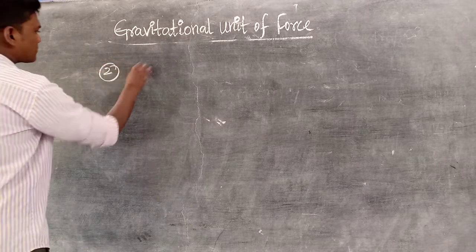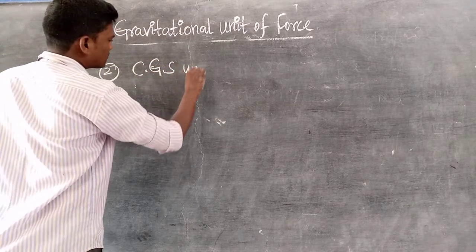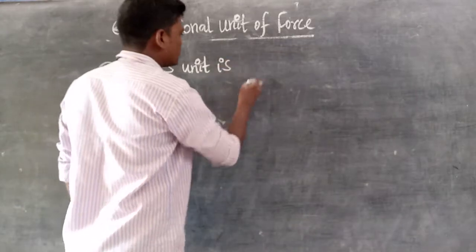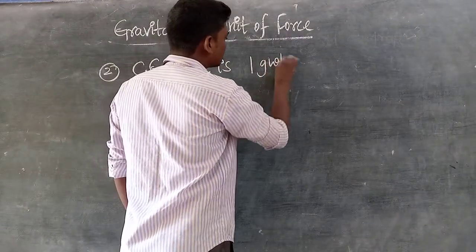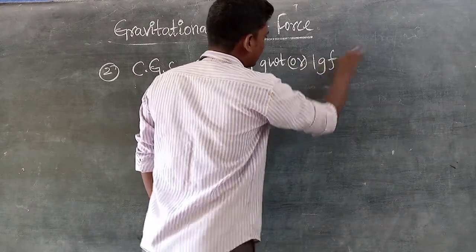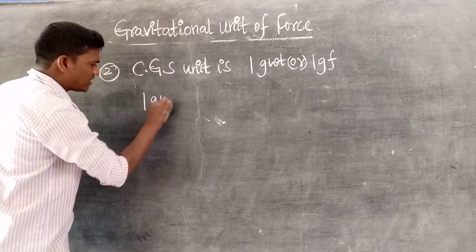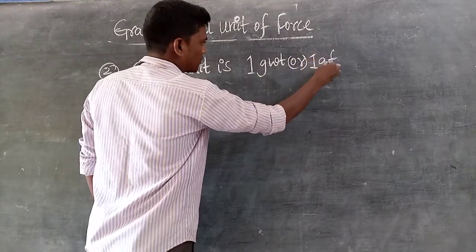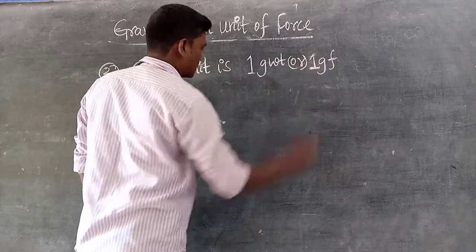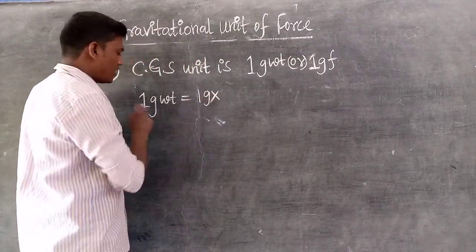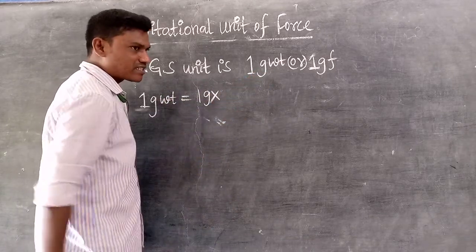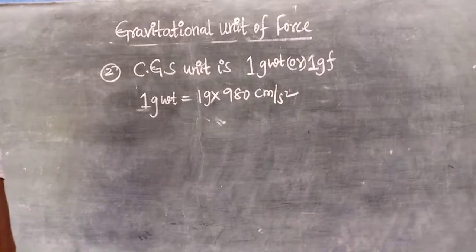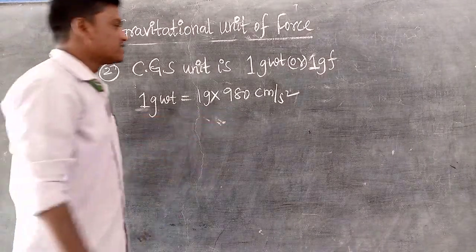Next, second one. CGS unit of gravitational unit of force is 1 gram weight or 1 gram force. 1 gram weight is equal to 1 gram into weight in the CGS unit. 9.8 meter per second square is nothing but 980 centimeter per second square, because 1 meter is equal to 100 centimeter. 9.8 into 100, 980 centimeter per second square.